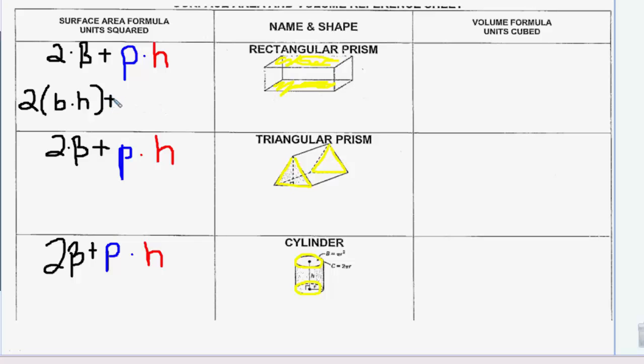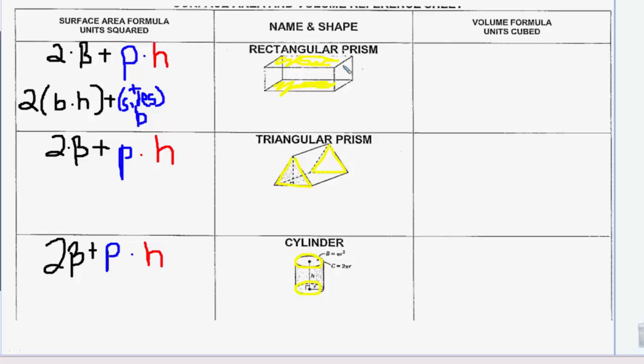Okay, plus let's talk about perimeter. Okay, you're going to add the sides of the base. I'm going to put P here. Okay, so you're going to add the sides of the base. So just this rectangle, all the sides of that base. Okay, now this should be exactly the same.